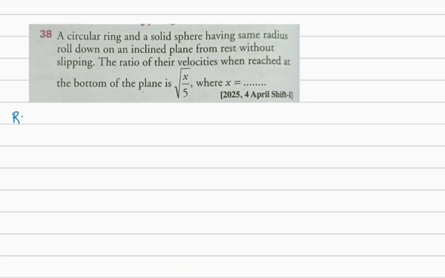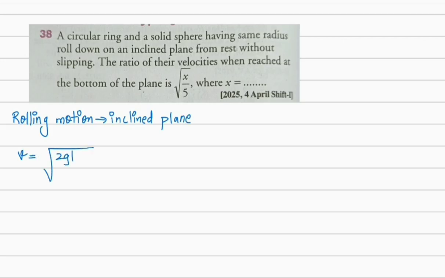So this is related to rolling motion, right, on an inclined plane. Now the formula for velocity in this situation will be v is equal to under root of 2gh divided by 1 plus k square by r square, correct?